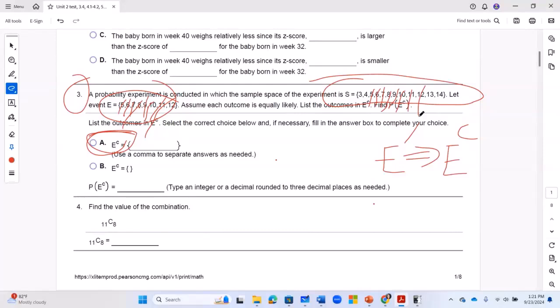E complement are those not in E, and they are 3, 4, 13, 14. It's very easy. They told us to write numbers that are not in E. That's all. Guess what? This is another question in the test.